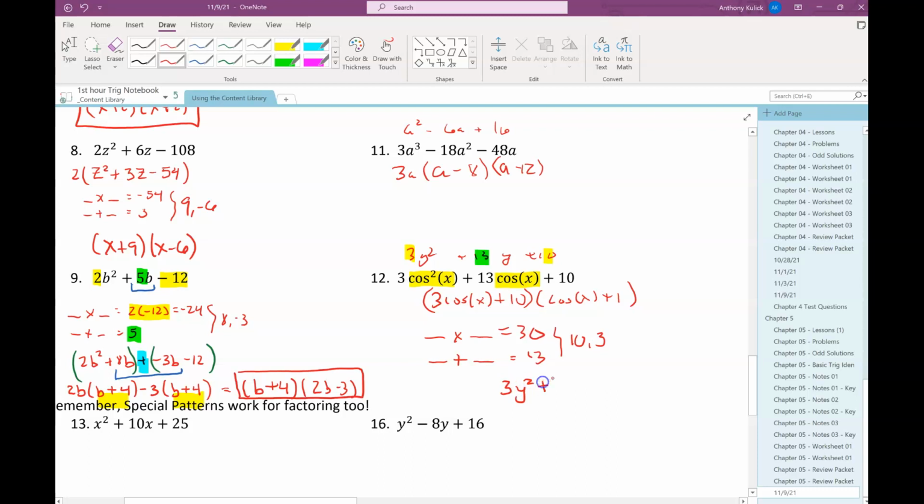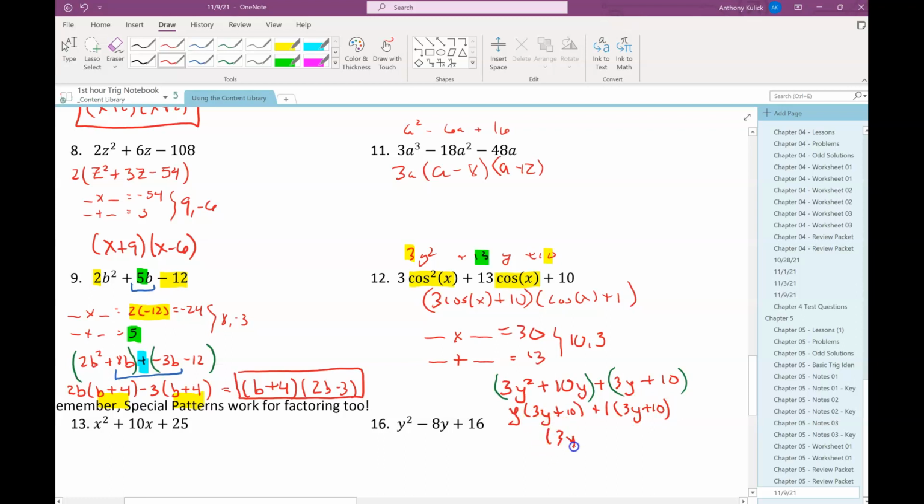I'm just going to use y's, if that's okay with you guys, because it's just less symbols to write down than calling them cosines. And I make my two groups. From the first group, I can take out just a y. From the second group, I can't take anything out, so I'm just going to take out a 1.